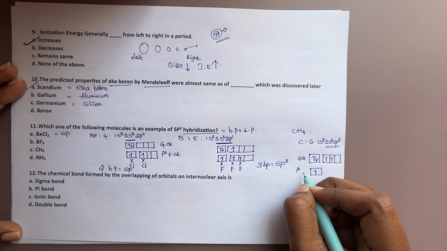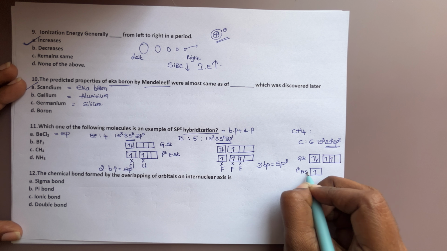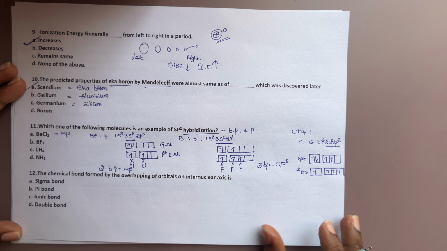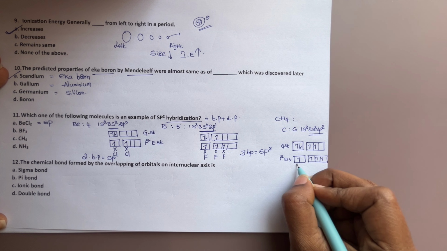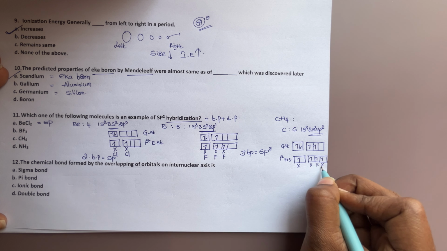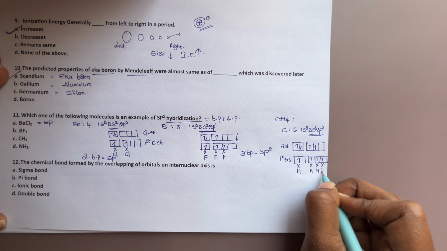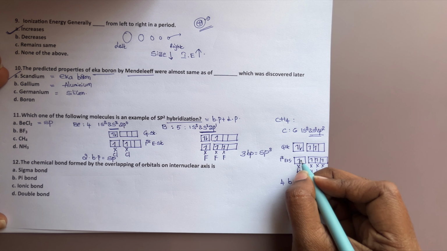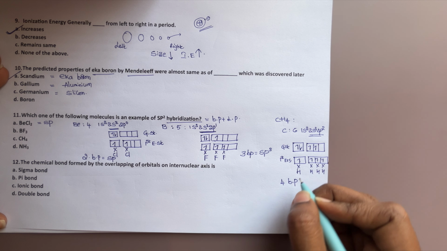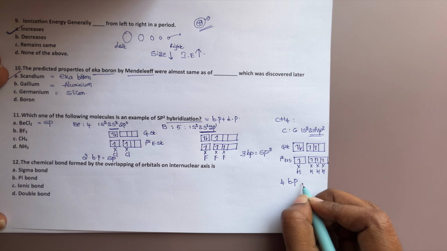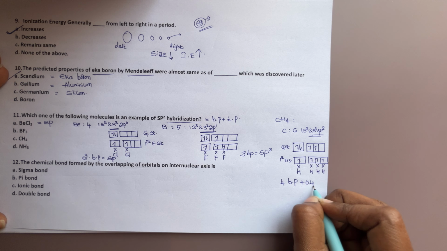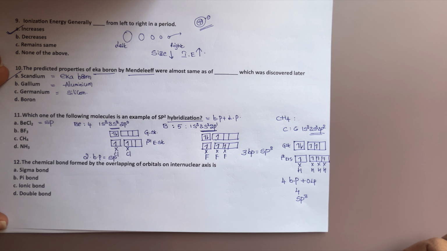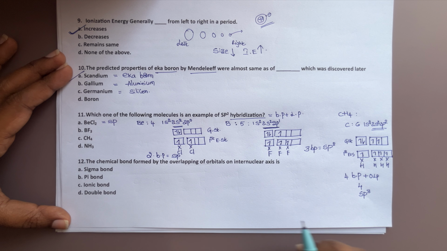In the first excited state, 3 electrons are in p, but all these 4 electrons are participating in bonding with hydrogen and form CH4. So how many bond pairs are there? 4 bond pairs. A pair of electrons in a bond is called a bond pair. 4 bond pairs plus 0 lone pairs, so totally 4. sp3.